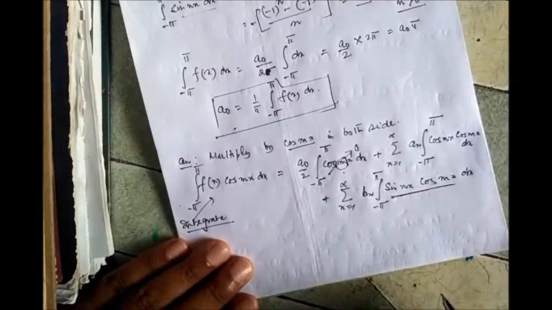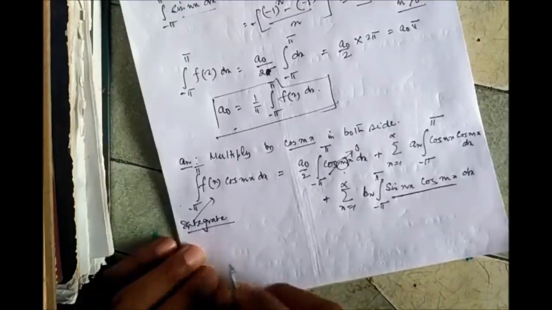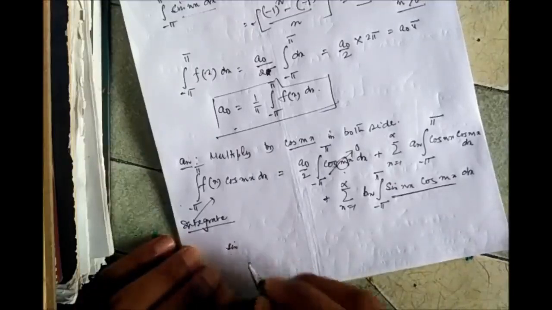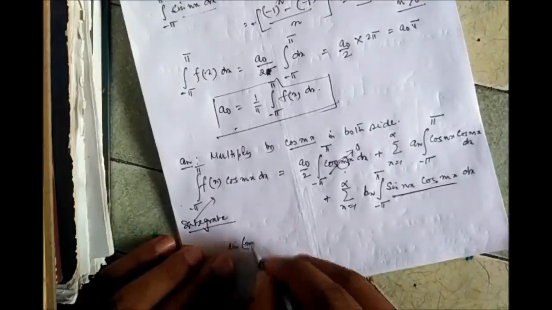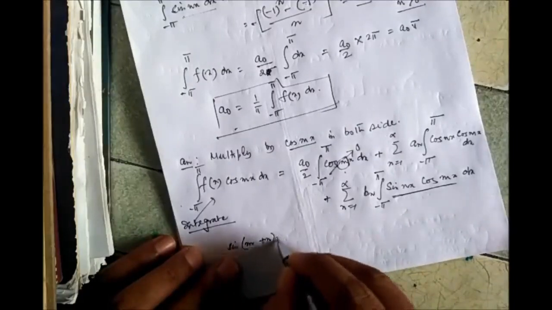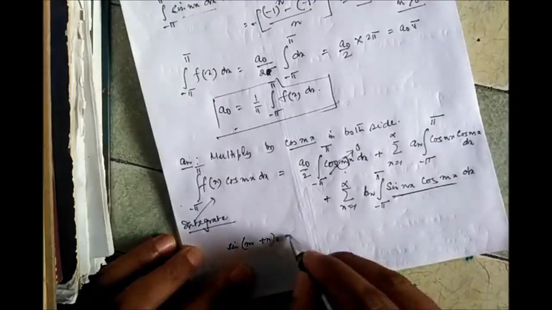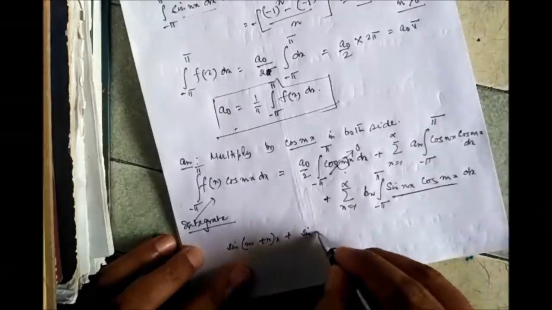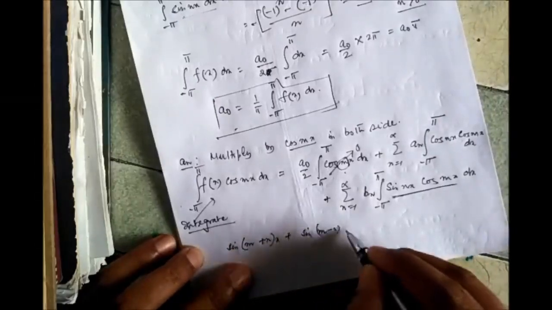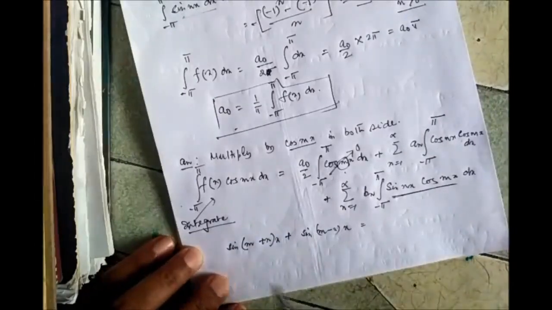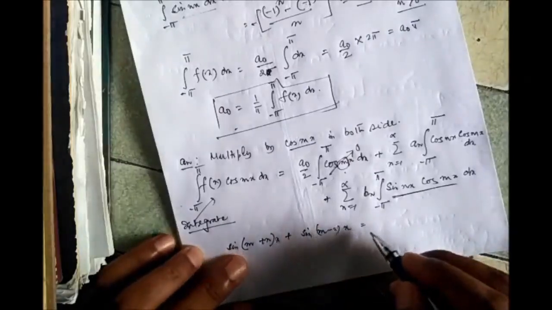And this sin nx into cos mx, what does it mean? Expand sin (m plus n)x plus sin (m minus n)x. So what is the value of this?